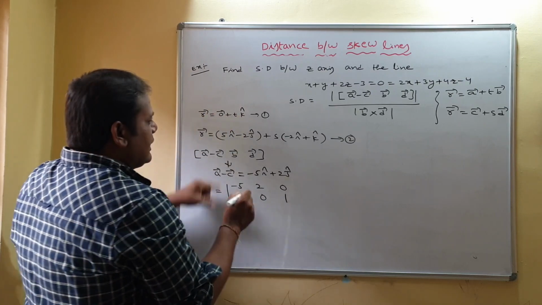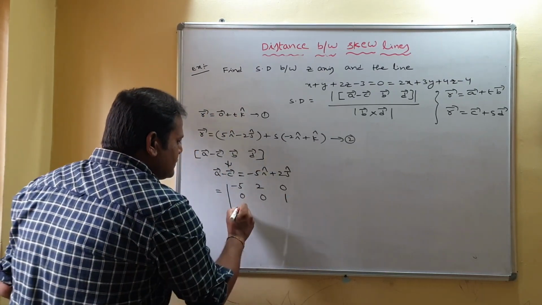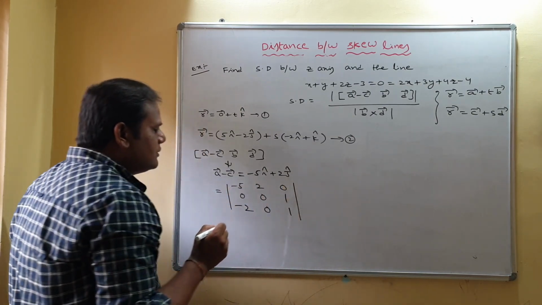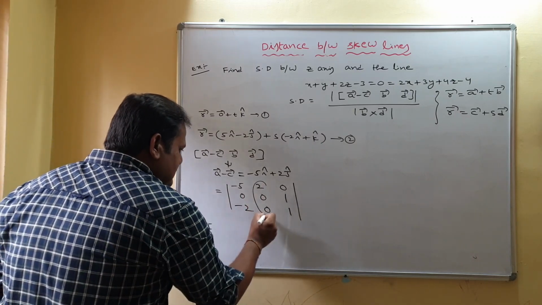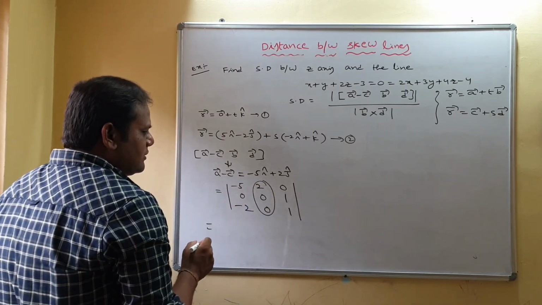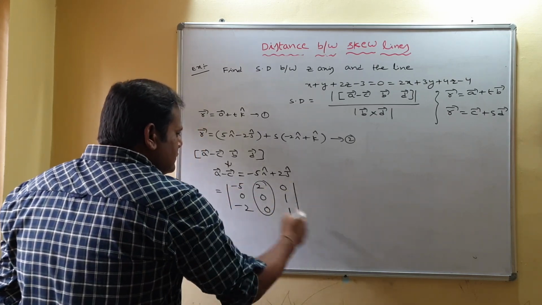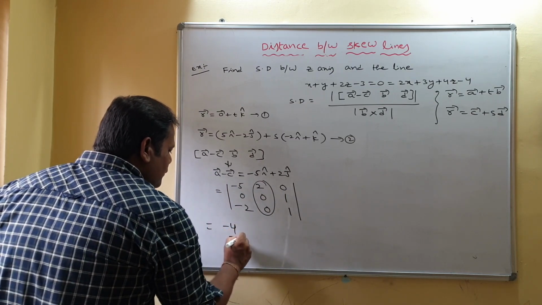And third vector is D bar, so minus 2, 0 and 1. Now evaluate the determinant along the second column, it becomes easy. So minus 2 into, remove this and this, 2. So minus 2 into 2 it will be minus 4.